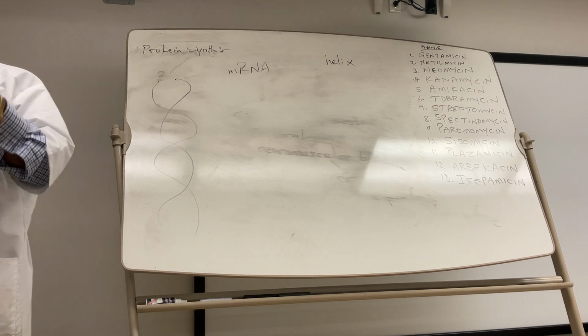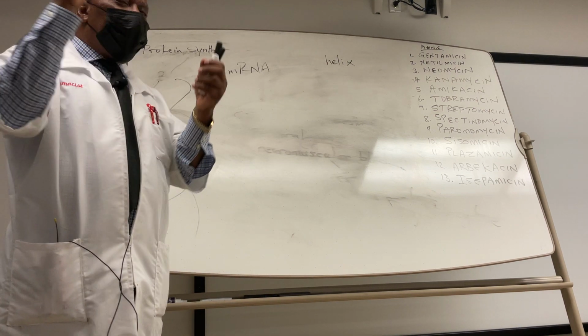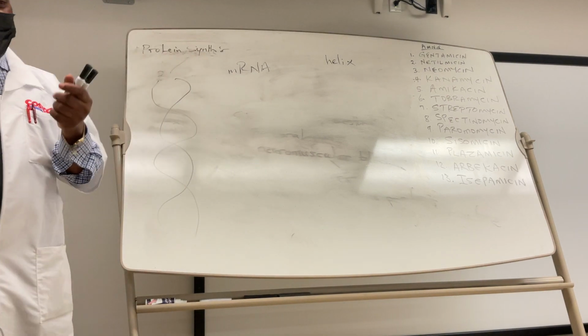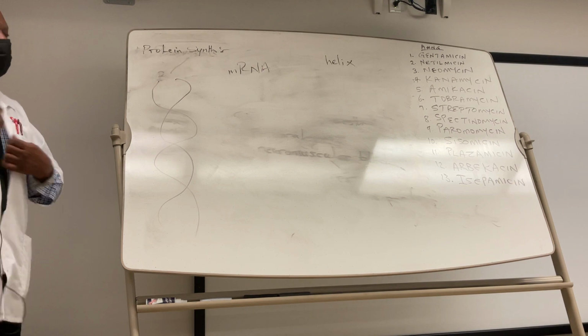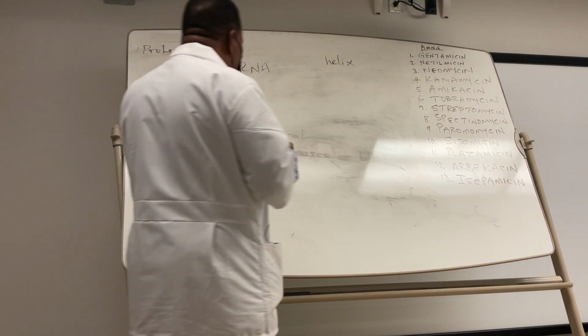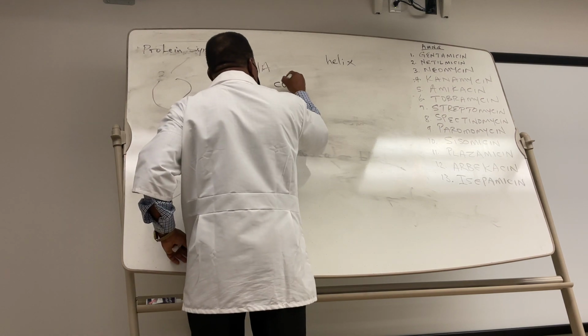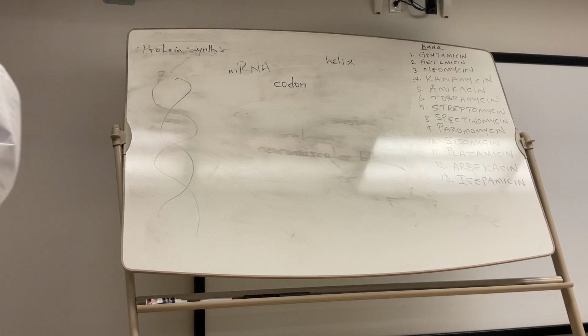The messenger RNA goes to the cytoplasm, goes to your ribosomes, and that's where you have your other RNA, which is rRNA, ribosomal RNA. Okay, and it will bind to a 30S unit on your ribosome. And when mRNA goes out to the ribosome, it has the codon.